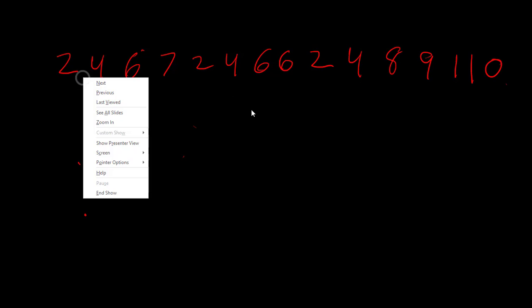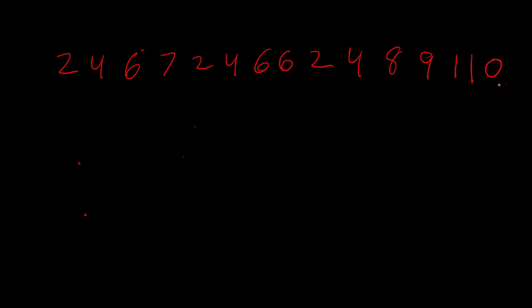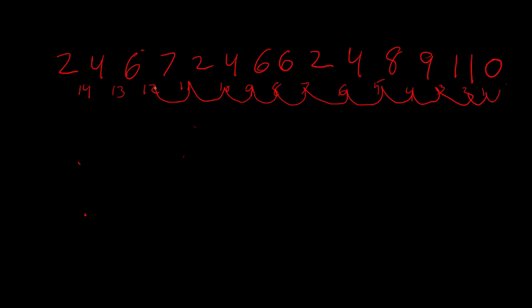So we're trying to get right here. So 1, 2, 3, 4, 5, 6, 7, 8, 9, 10, 11, 12, 13, 14. So we moved it 14 positions to the left. So we moved it to the left so we get a positive number.